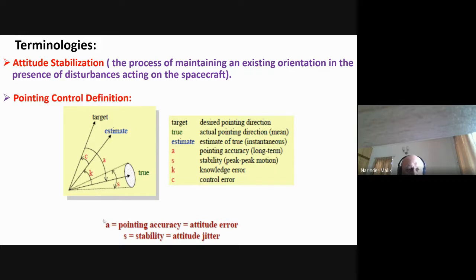And from the actual position to what is estimated by the sensor, that is called the knowledge error. Because this is what you're feeding to control the satellite, the estimated value of the sensor, this will be the control error. C is what is going to the control loop.